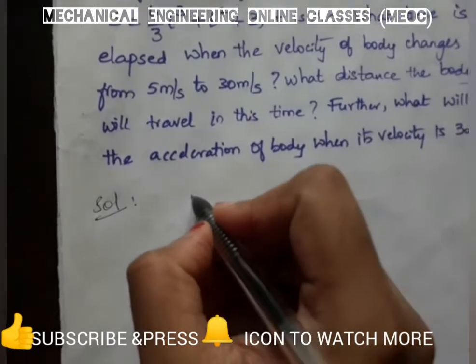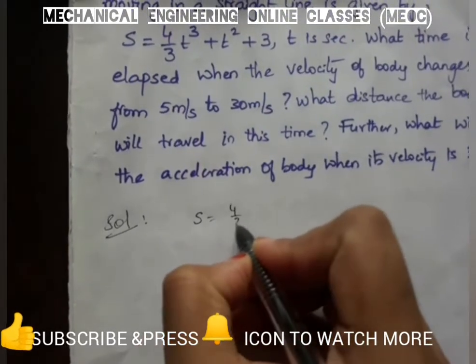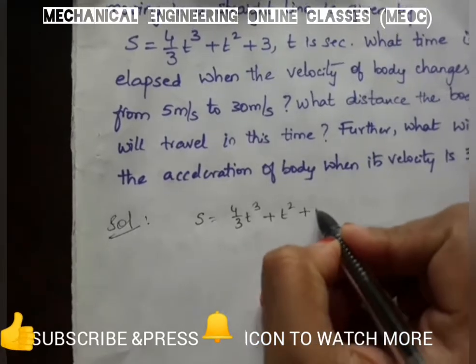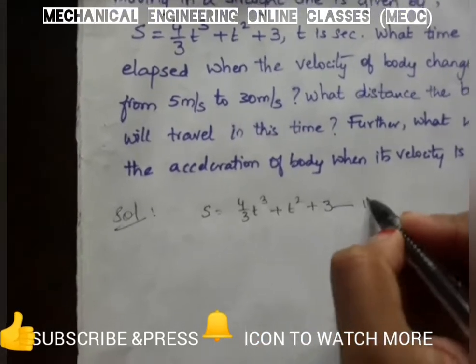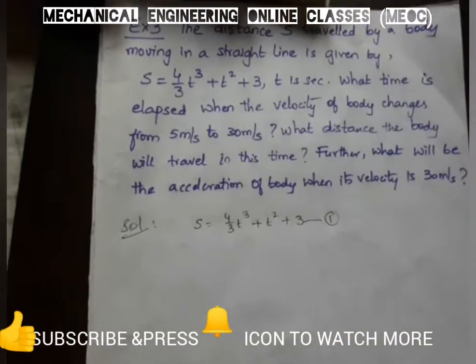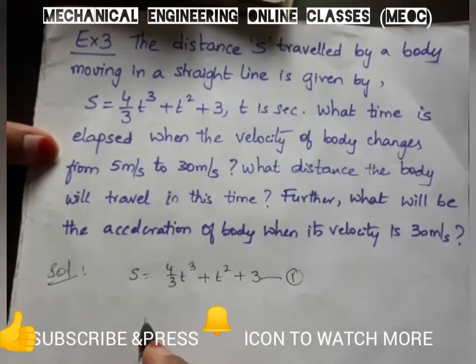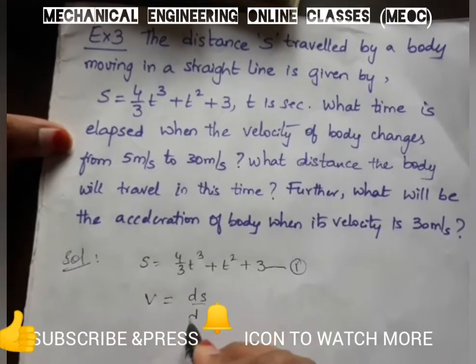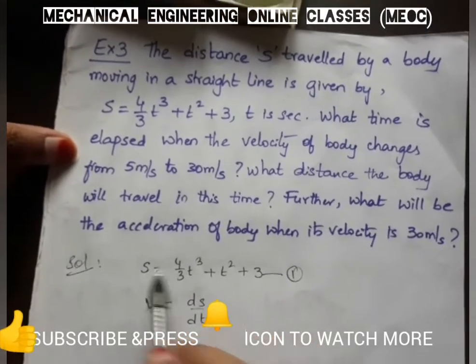Given s is equal to 4 by 3 t cube plus t square plus 3. Let this be equation number 1. Velocity v is ds by dt, the rate of change of displacement s.